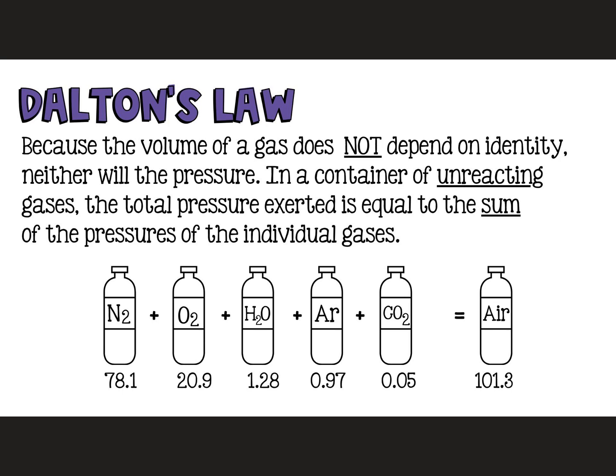Let's say nitrogen is exerting 78.1 kilopascals of pressure. Oxygen is exerting 20.9 kilopascals. Water vapor is exerting 1.28 kilopascals. Argon is exerting 0.97 kilopascals, and carbon dioxide is exerting 0.05 kilopascals.